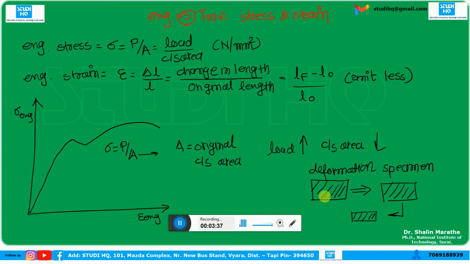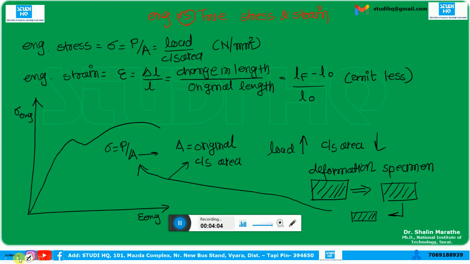But whatever stress we are calculating is based upon this formula, and that is the original cross-section area. So the cross-section area is constant, the initial cross-section area. That's why we get this kind of nature of this graph, and this stress and strain is known as engineering stress and strain.